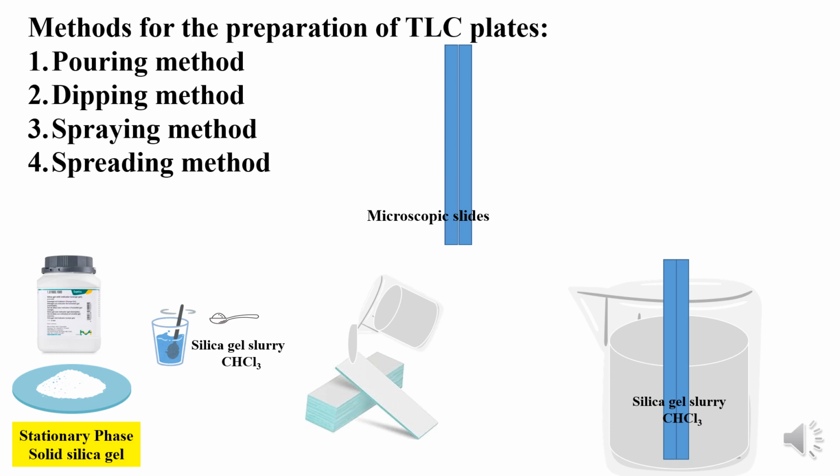And after a moment, you can slowly raise the TLC plates, I mean the glass plates, and you can see a thin layer of silica gel slurry on both sides of the glass plates. Now you can separate both the glass slides and you can prepare 2 slides at a time. Now the disadvantage with this method is that even for preparing 2 slides, we require a large quantity of the silica gel slurry.